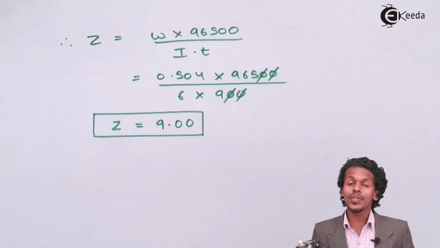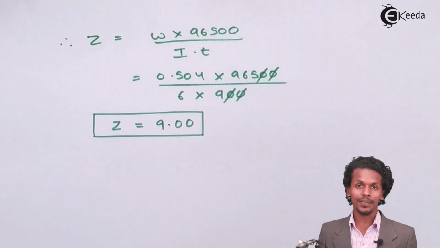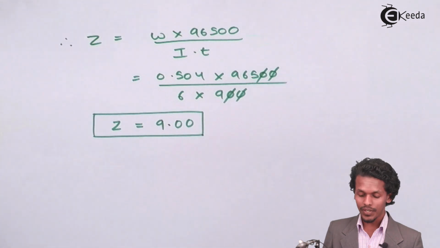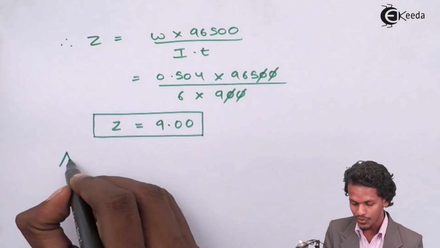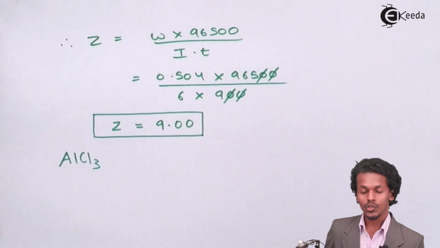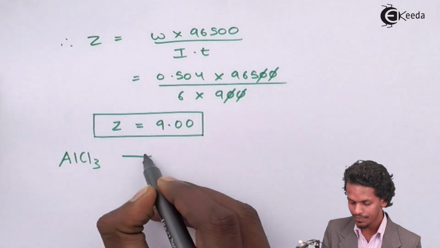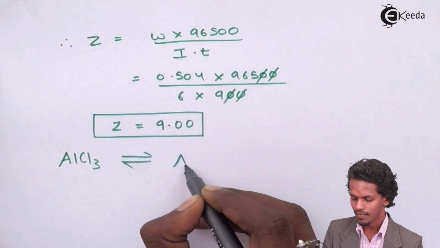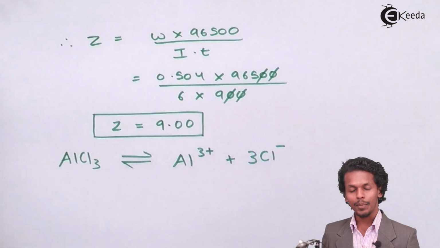With this we could also estimate the molecular weight of the aluminum. The solution they have provided to us is AlCl3 solution. When AlCl3 is dissociated, it gives us Al3+ and 3 times Cl minus.